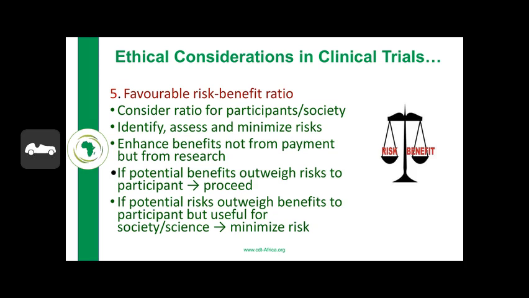We need to enhance benefits, not the one obtained from payment, but from the research itself. If the potential benefits outweigh risk to participants, we can proceed with the conduct of the trial.